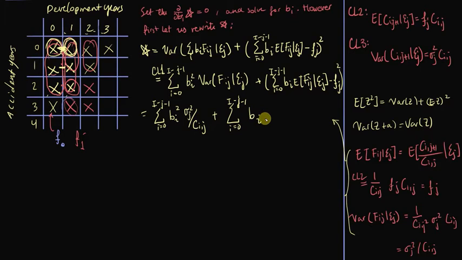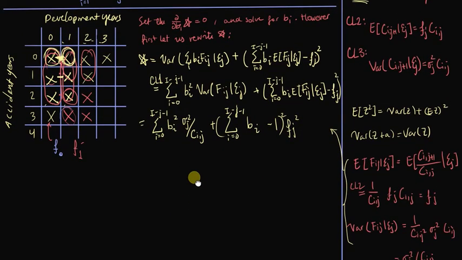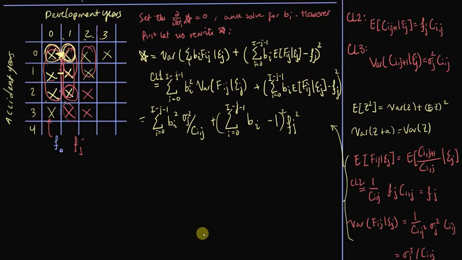Just finish writing this here. So you have bi multiplied by fj, right? And we also have minus 1 multiplied by fj, so it's just the sum minus 1 multiplied by fj, and then you take the entire thing squared. Okay, so let's take a break here, and then in the next video we will differentiate this with respect to b, set it equal to 0, and figure out which value b minimizes this expression here.